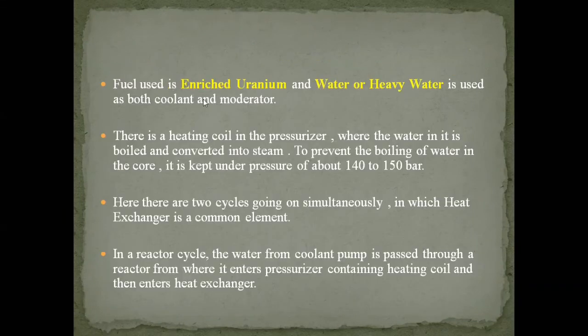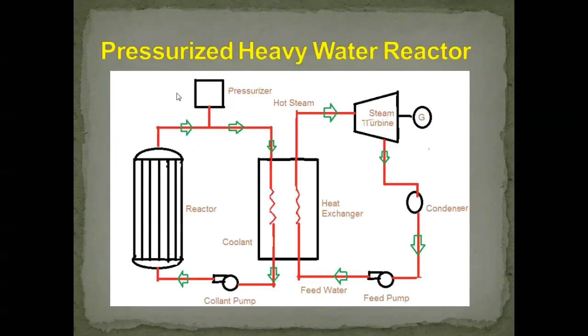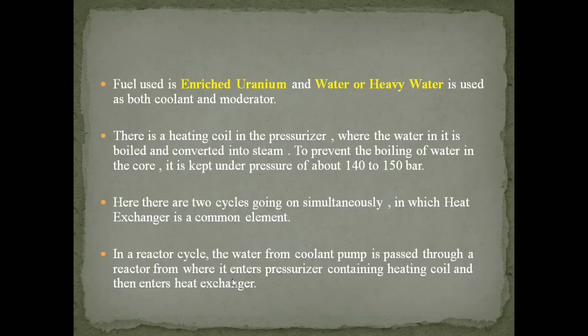In this, the heat exchanger is the common element. First of all, the output from the heat exchanger is passed to the coolant pump, which then sends it into the reactor.